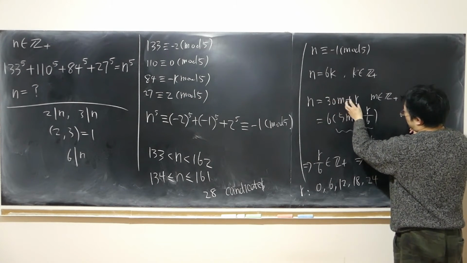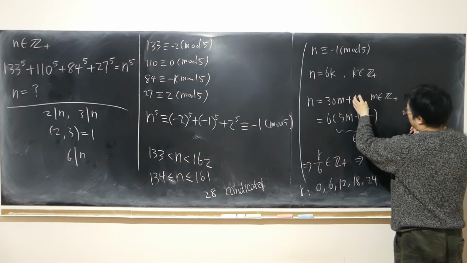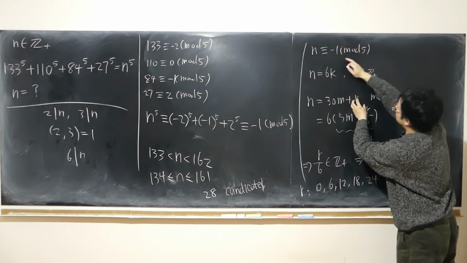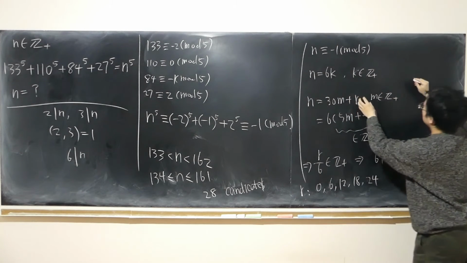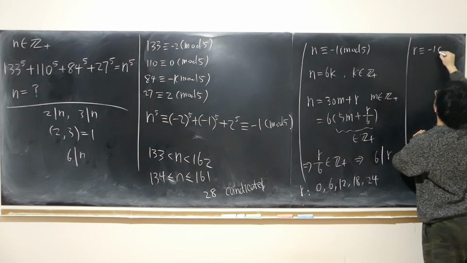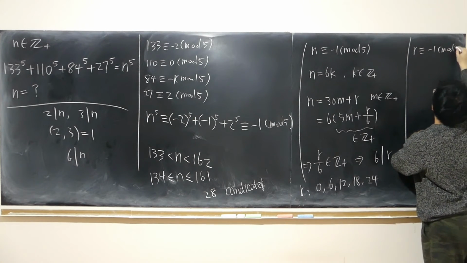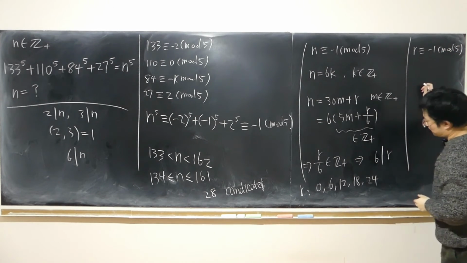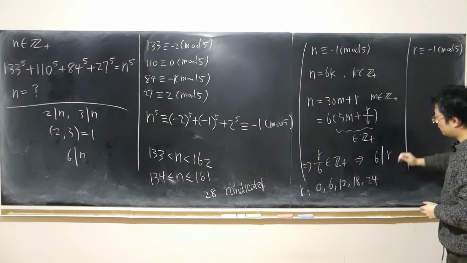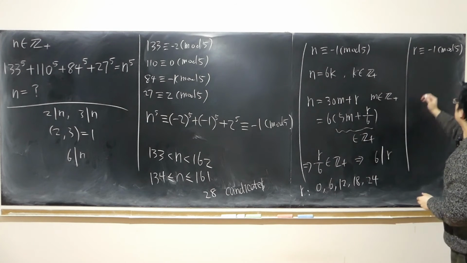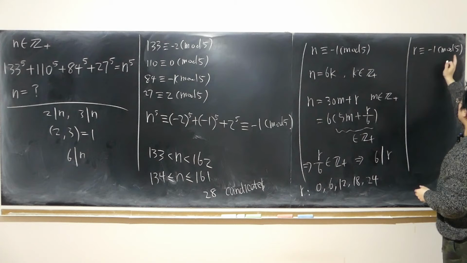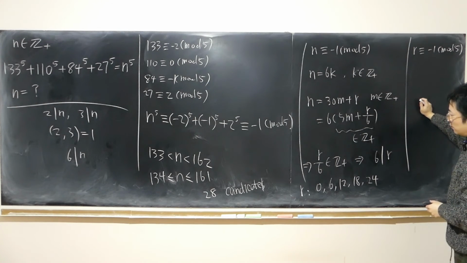So the only question is that I require r, if divided by 5, to have a remainder of -1. This is my conclusion. First of all, r is a multiple of 6, then r must have a remainder of -1 or 4 when divided by 5.